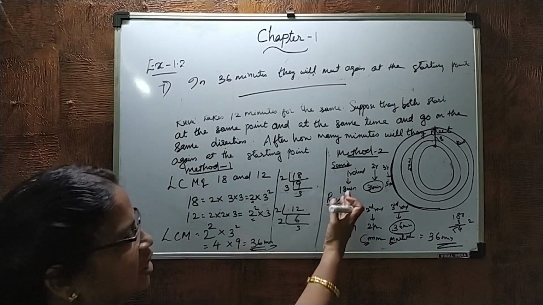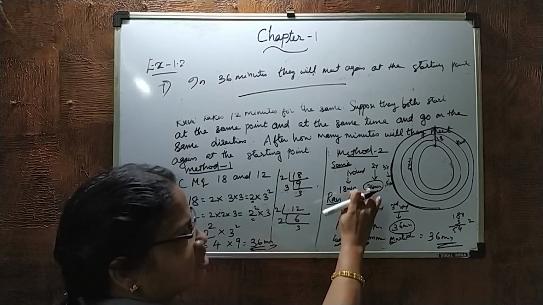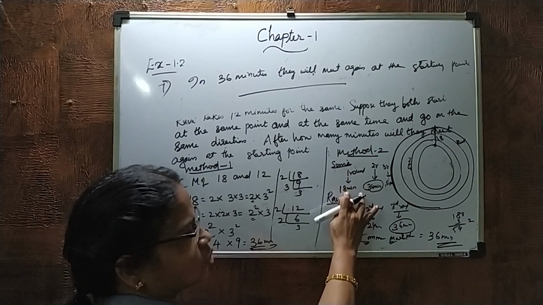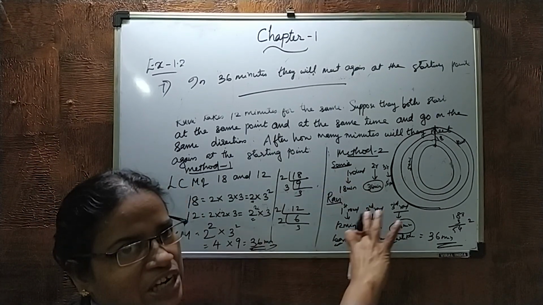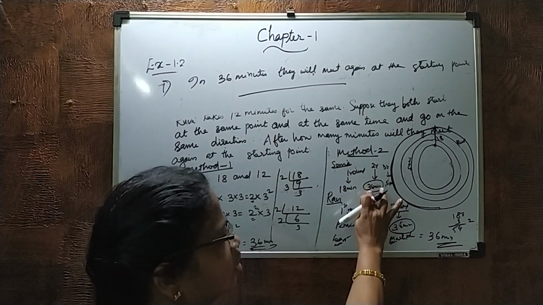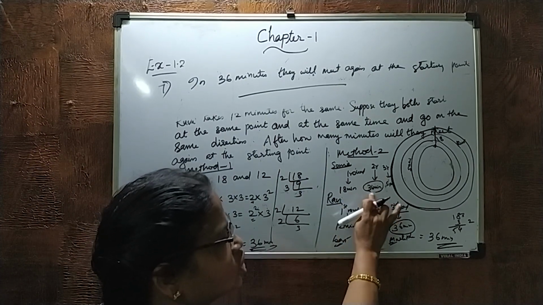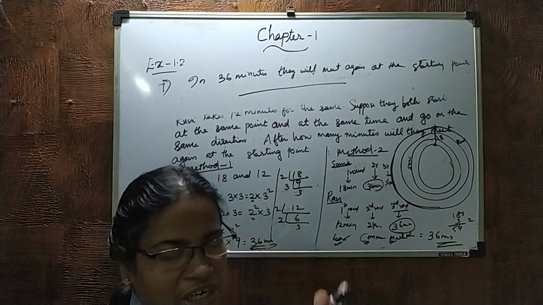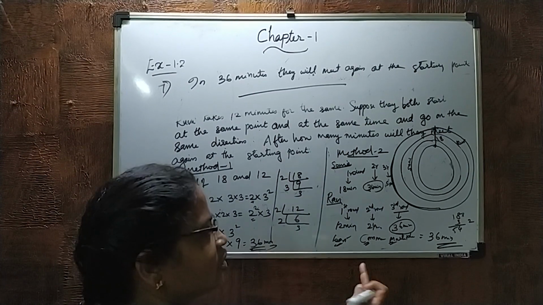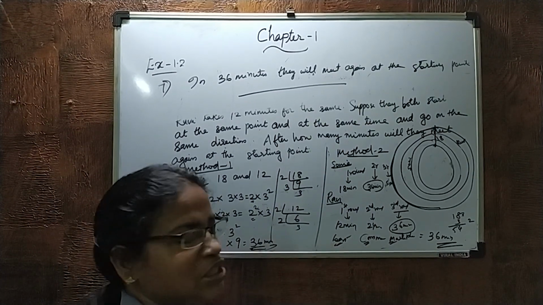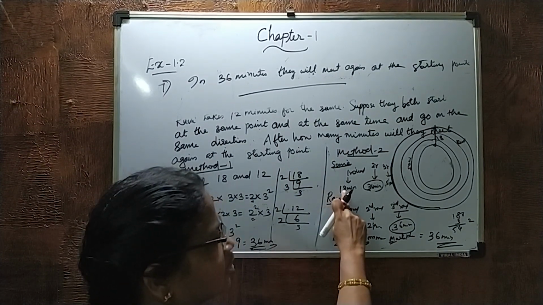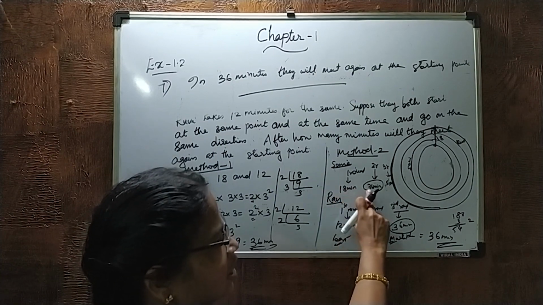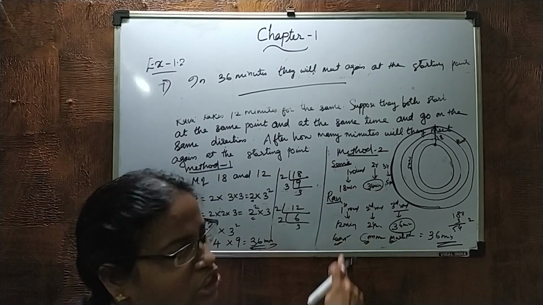And here another method is to take the first round. The first round she took only 18 minutes. Write the statements on your own. Then the second round is 36 minutes, which means 18 into 2, 2 rounds completed.